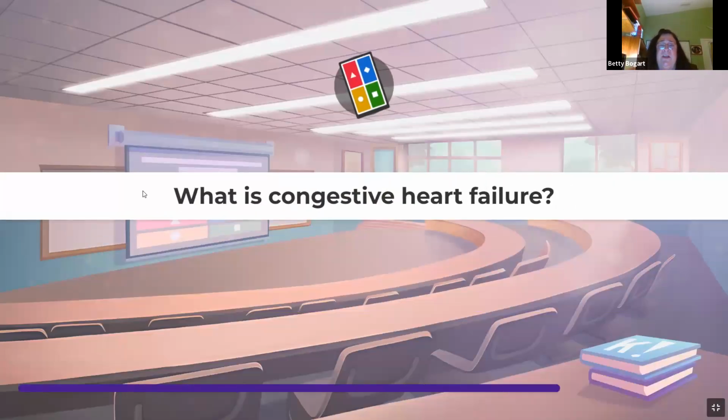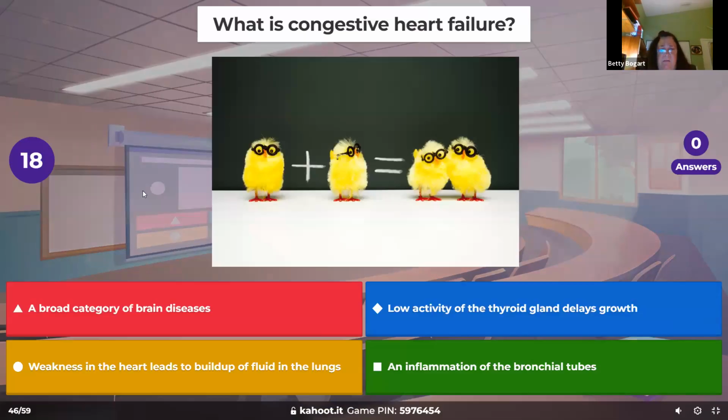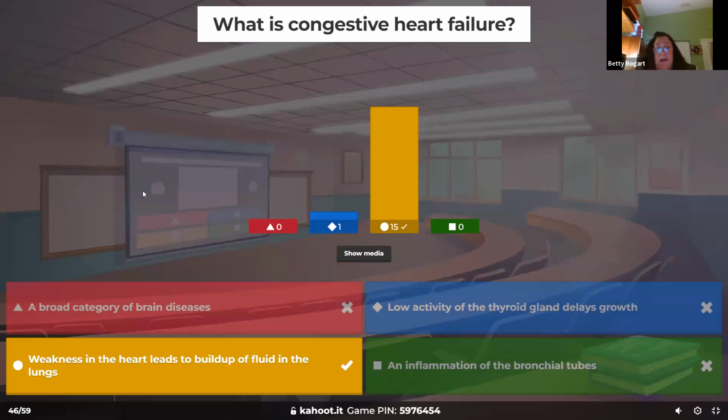What is congestive heart failure? It's just the heart, for whatever reason, can't pump well enough. And there's that escape valve that goes up into the lungs, like with coarctation of the aorta.